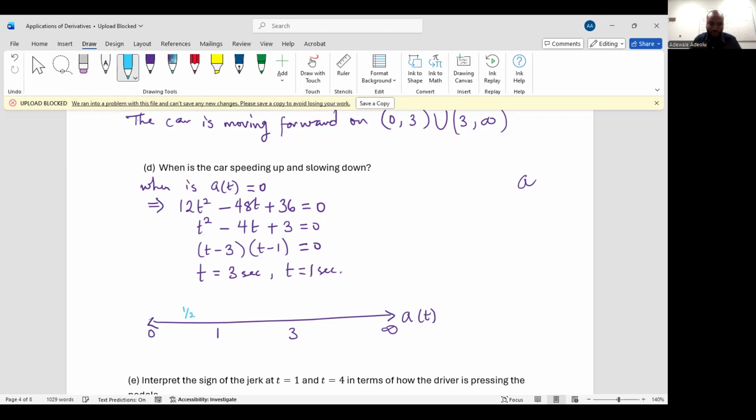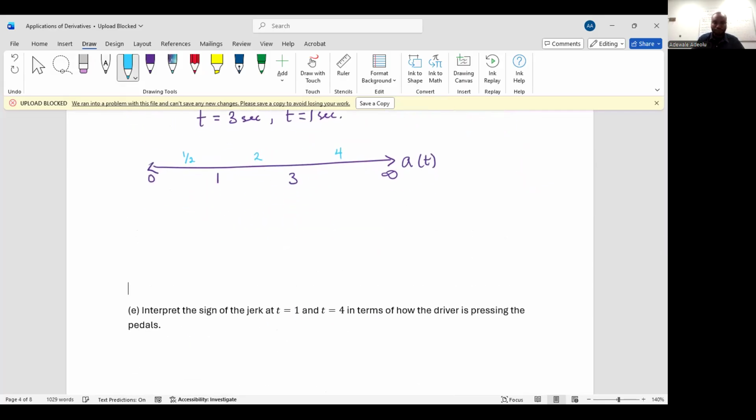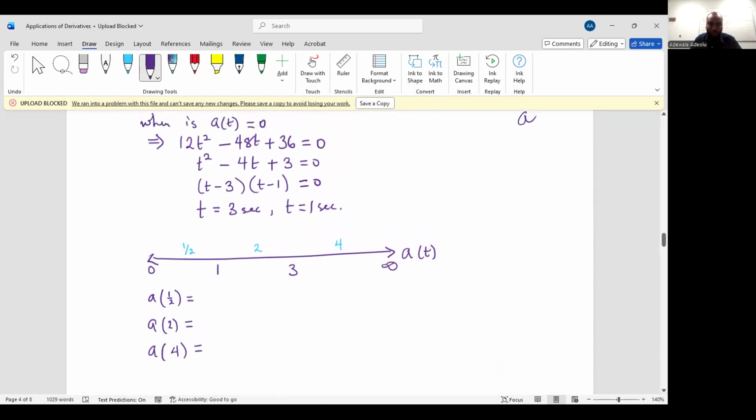Here I can pick 1/2, here I can pick 2, I can pick 4. So I will test my acceleration at those points: a of 1/2, a of 2, a of 4.